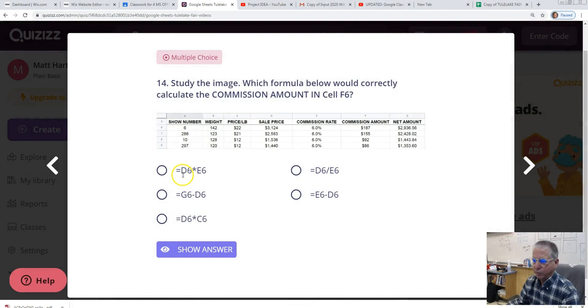Equals D6 times E6. That sounds good. This is division, subtraction. D6 times C6. No, that's over here, price per pound. We don't want that. Definitely not G6. That's the net amount. So the best response here is that we would take D6 times E6.